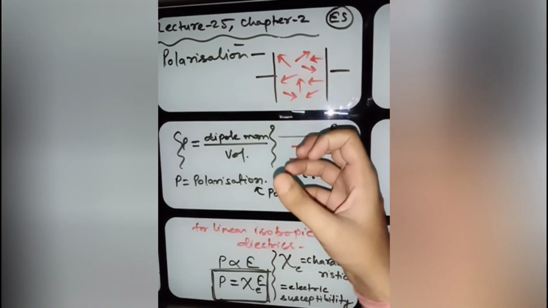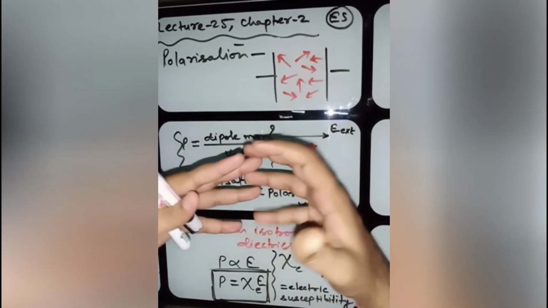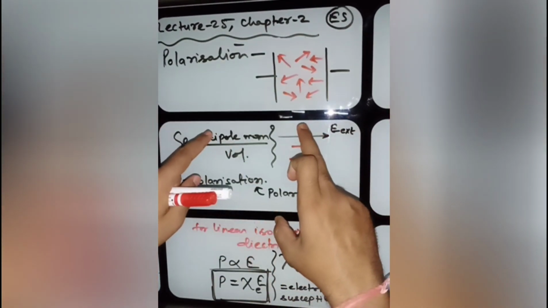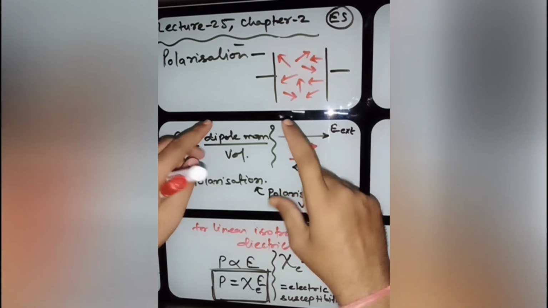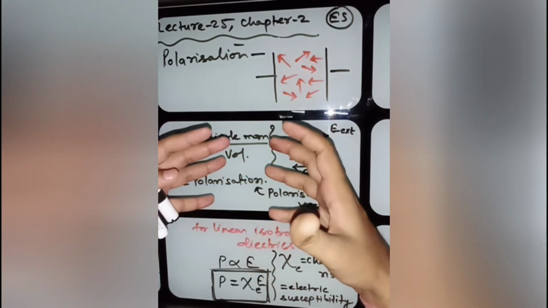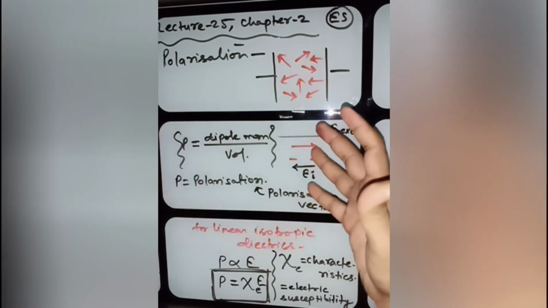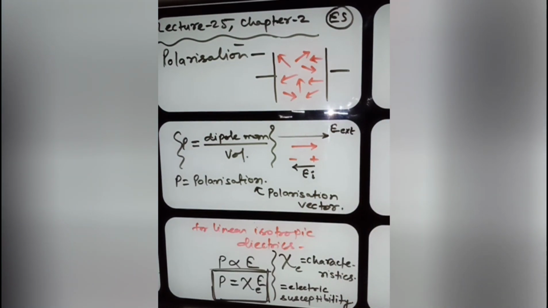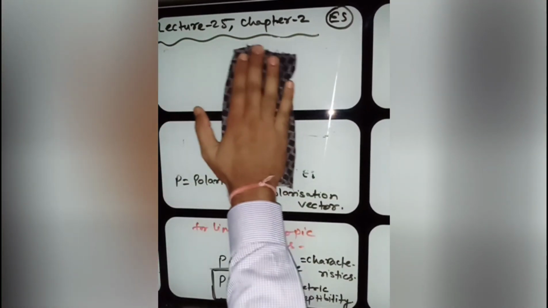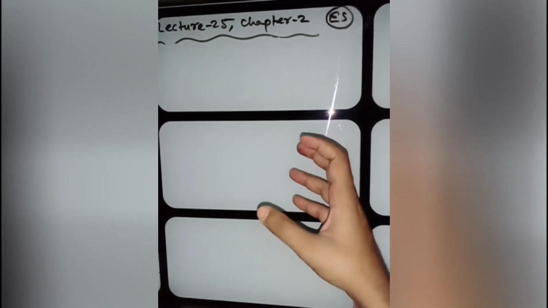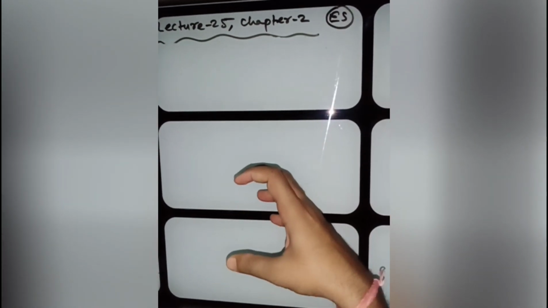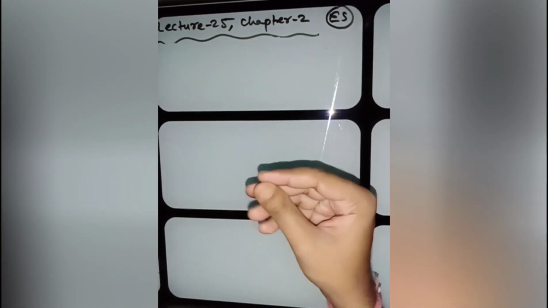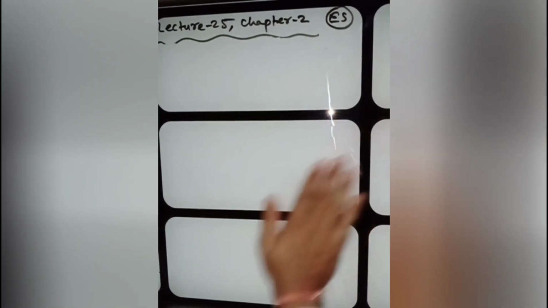In this section, now we will study how this dielectric changes the electric field, potential, or the capacitance of a capacitor. Okay, my dear students, now I'm going to derive the mathematical formula for the capacitance of a parallel plate capacitor due to insertion of a dielectric.